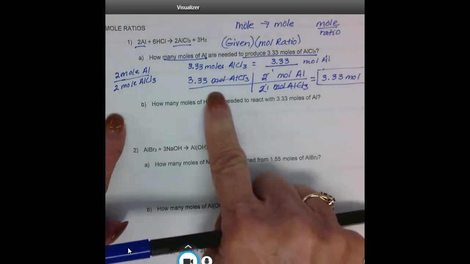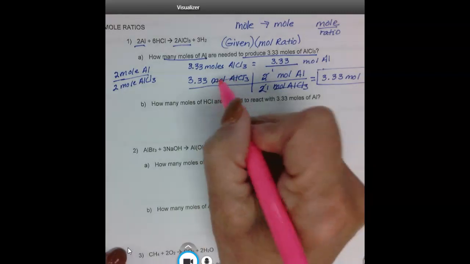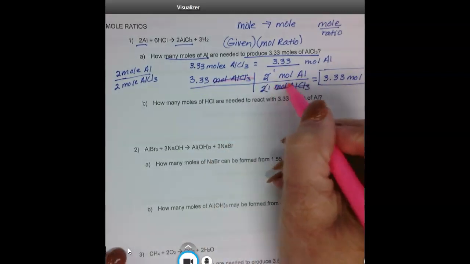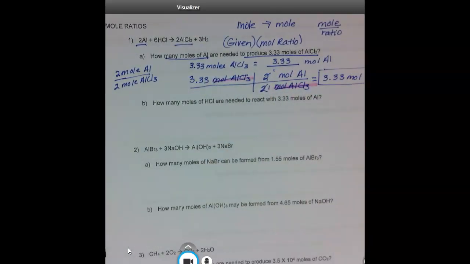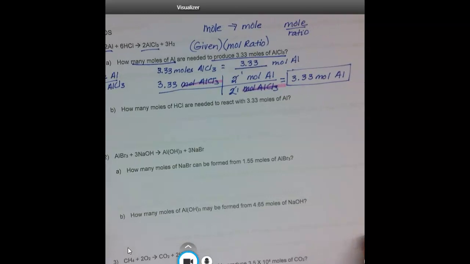So again, let me go back over this. Whatever the given is must go in your denominator on this side. That way, those will cancel out because moles of aluminum chloride divided by moles of aluminum chloride is just 1. So you can see the answer.